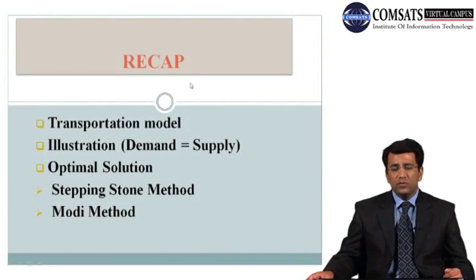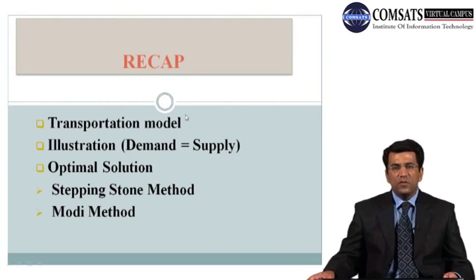So class, again, mostly in the transportation methods, we are interested in the minimization of cost from the different sources to the different destinations if we are going to transport the different goods from different origins to the final destinations. Again, in this particular case, two to three types of information are important.